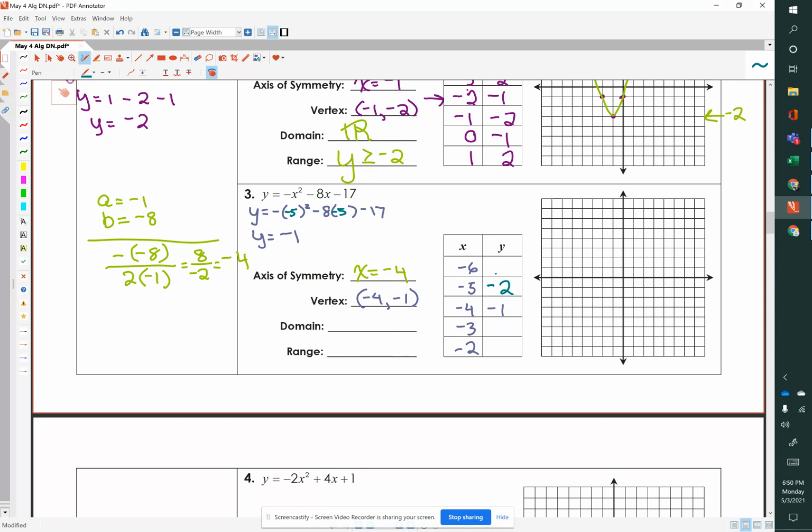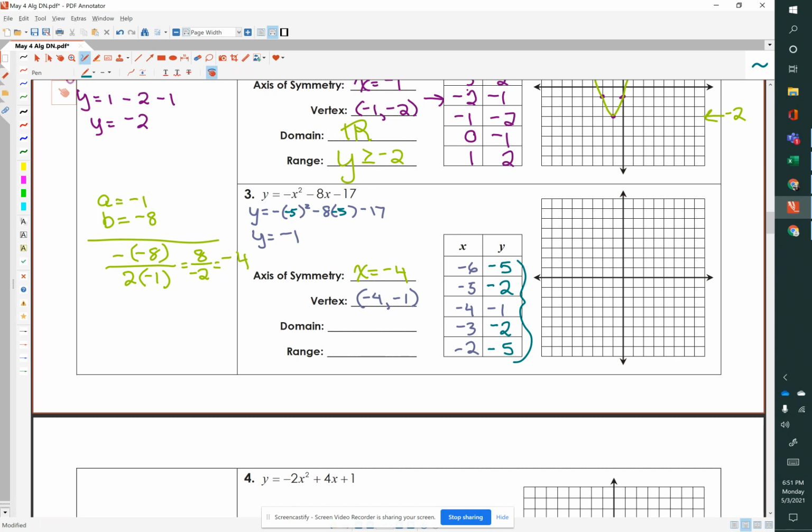When we substitute negative 6, y equals negative 5. When we substitute negative 3, y equals negative 2. And when we substitute negative 2, y equals negative 5. So you can see the curve of the parabola forming here. So we said this was a downward curve.